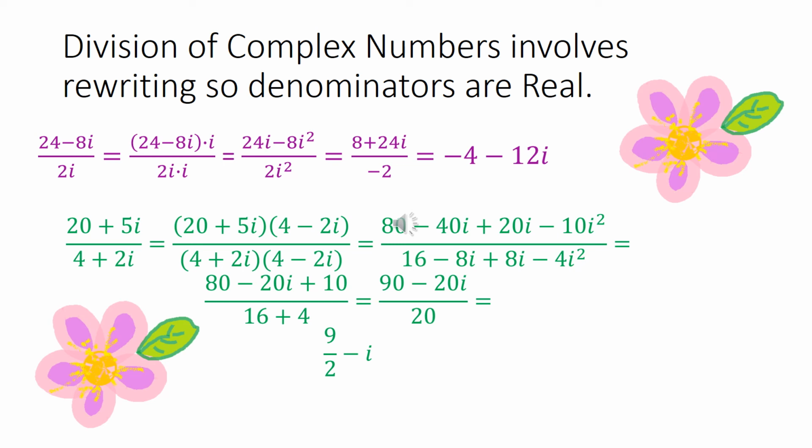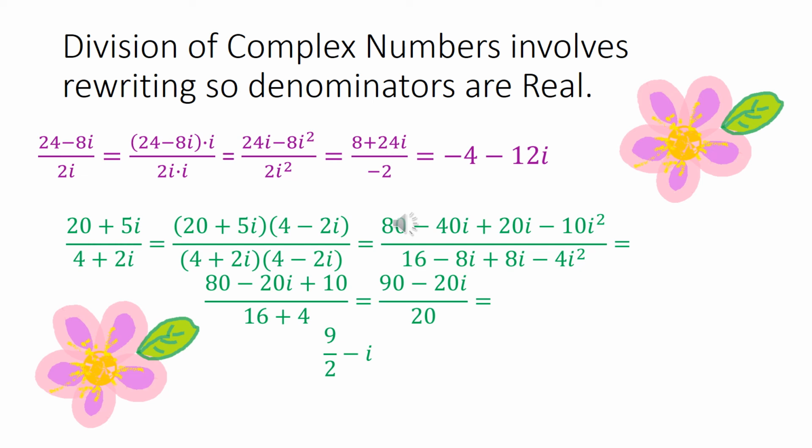But I have to multiply the numerator and denominator by the same thing, otherwise I'll change the value I started with. So foiling out the top, I will get 80 minus 40i plus 20i minus 10i squared, and foiling out the bottom, I get 16 minus 8i plus 8i minus 4i squared.